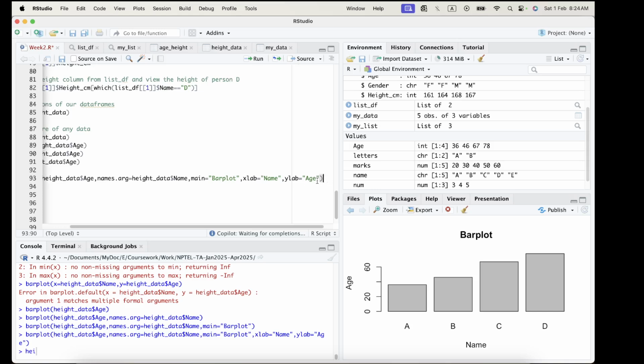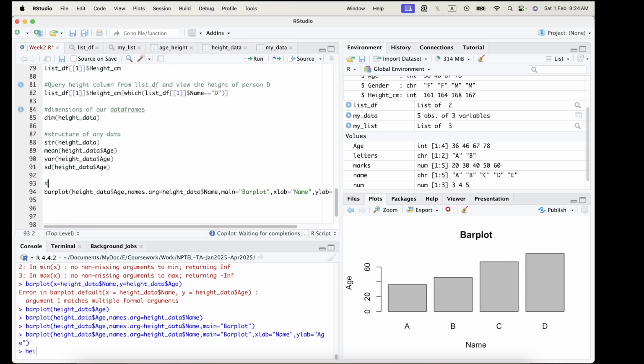All right, now let's say I want a scatter plot of age and... okay, before going on to scatter plot, let me assume I want a line plot of name versus age, with name on the x-axis and age on the y-axis, joined by a line.